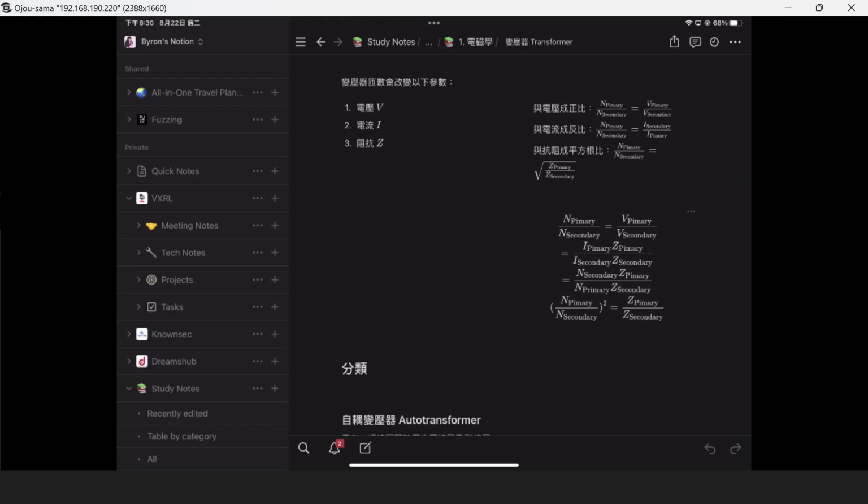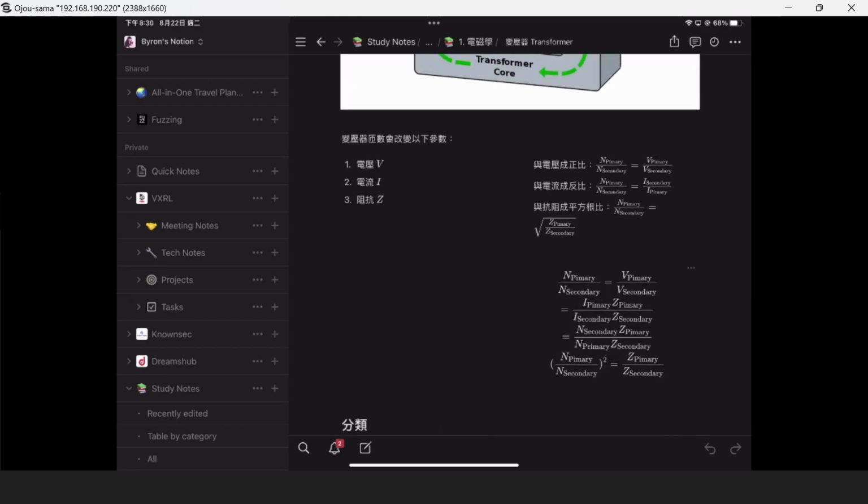The proof goes here. If you really want to know how it is squared, this is the proof here. But I don't think you need it. I don't think we need it.